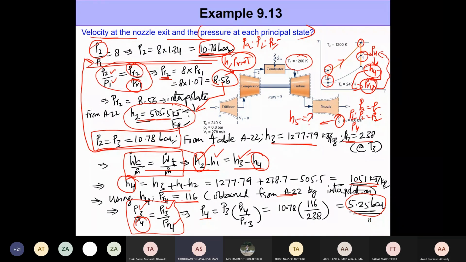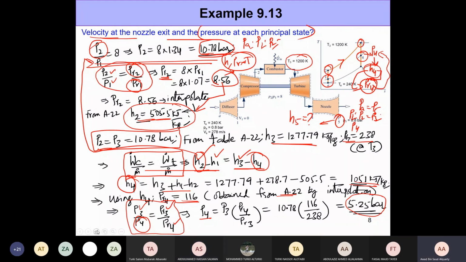We know that P5 is equal to PA, and we know that 4 to 5 is an isentropic process, so P4 over P5 is equal to PR4 over PR5. Excellent. Yes, that's exactly how we do it.